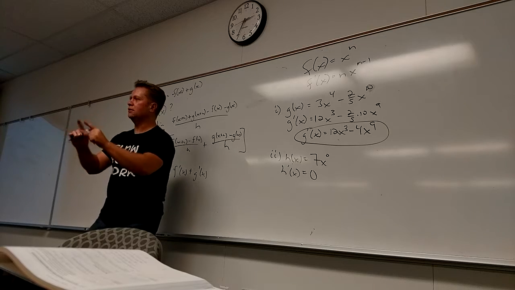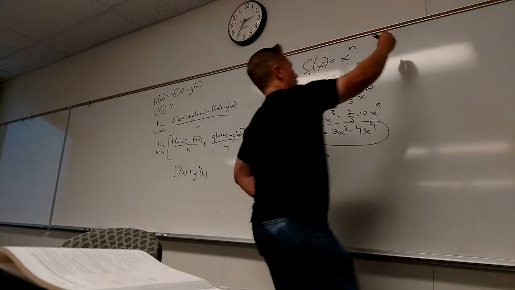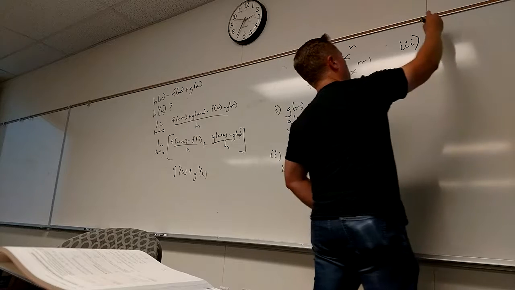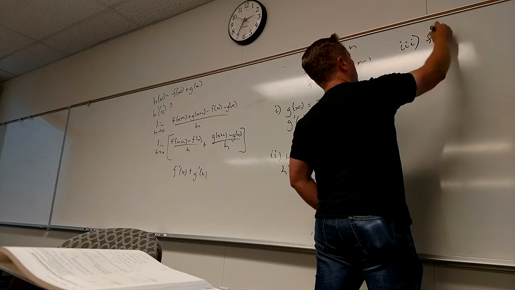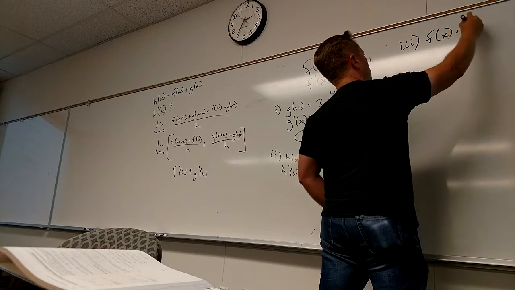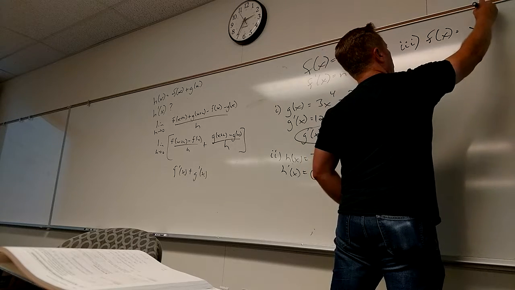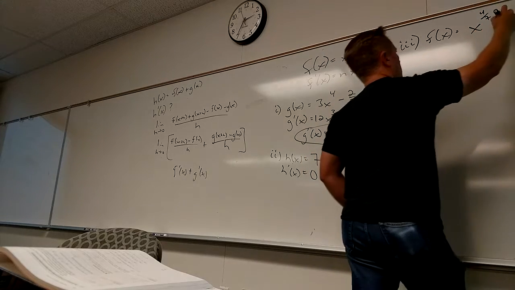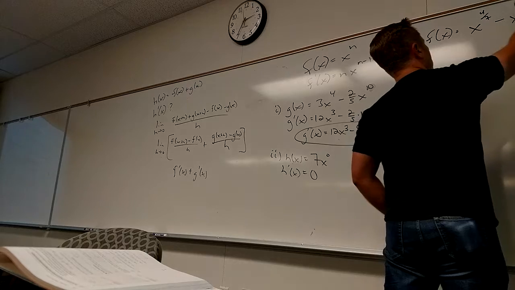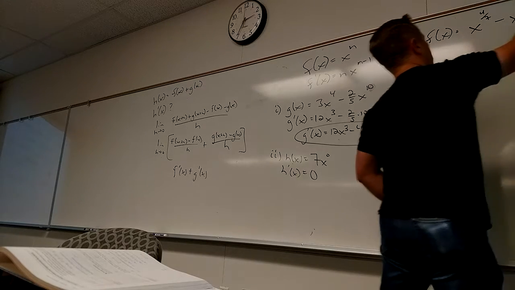So simple. But let me show you something kind of nifty here. So what have I had? F of x equals x to the 4/7 minus x to the negative 2/5.